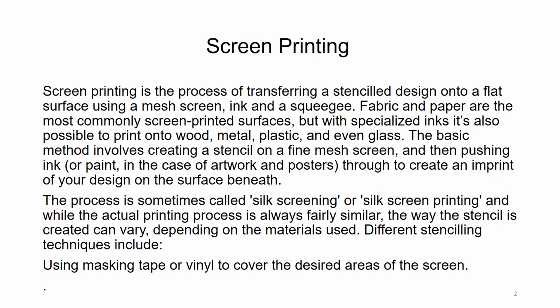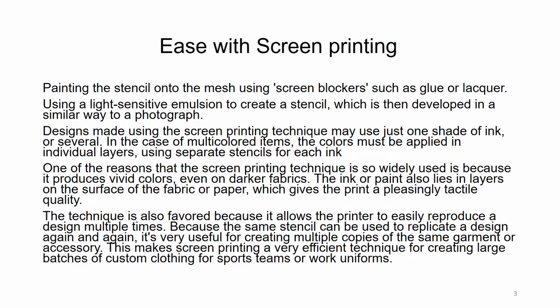Different stenciling techniques include using masking tape or vinyl to cover the desired areas of the screen. Ease with screen printing. As mentioned earlier, screen printing is very easy to handle, and that is why it is very popularly used. It is not only used on fabric and paper, but it can be used on wood, metal and other surfaces.